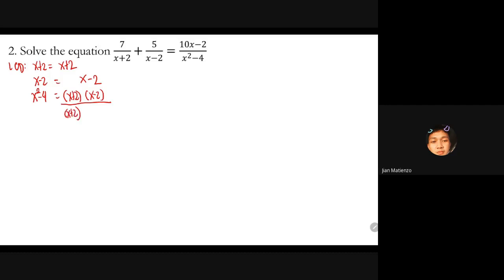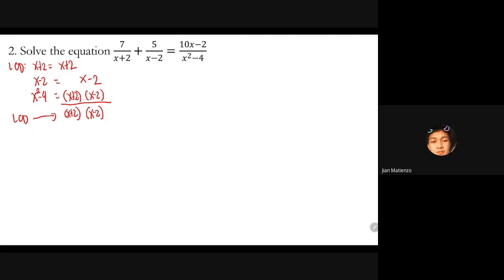Ang x plus 2, dalawa, isa lang yung kunin natin. And then the x minus 2, we also have two x minus 2 there. Take only one x minus 2. So the LCD here is x minus 2 times x plus 2. That will be multiplied to each of the terms in the given.